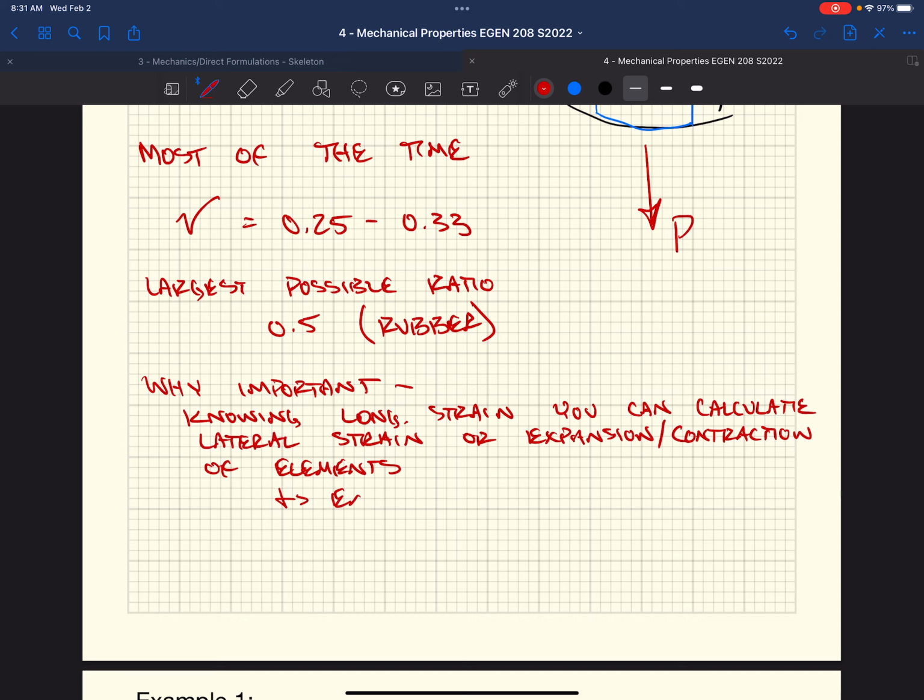Right? Expansion of rods and compression is a big one.